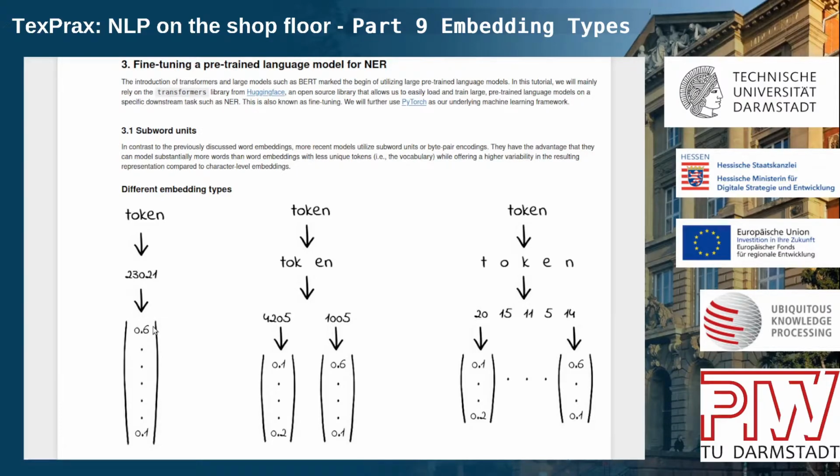So a new idea that has been proposed, instead of using a single word or individual characters, which is also problematic since there are a limited amount of them and each of them gets assigned a fixed representation, was to use something like subword units.